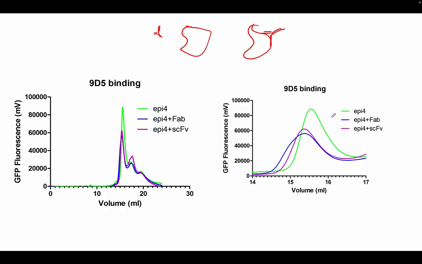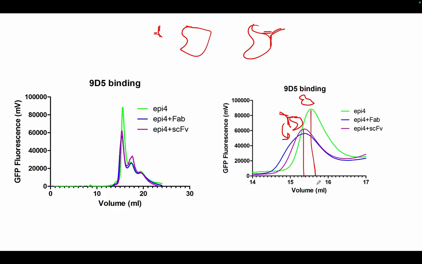And so here I can see that here is my protein by itself, right? This is only my protein. And when I'm adding my antibody, there is a shift, right?